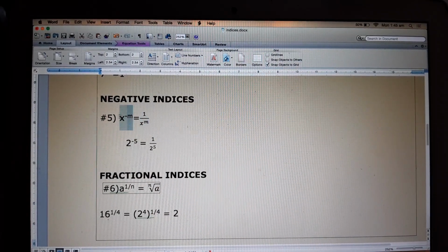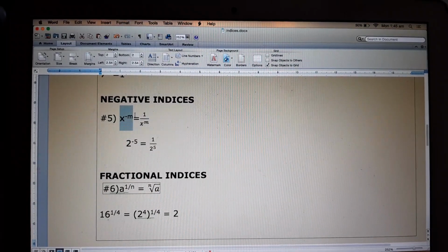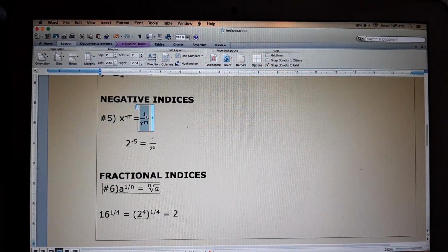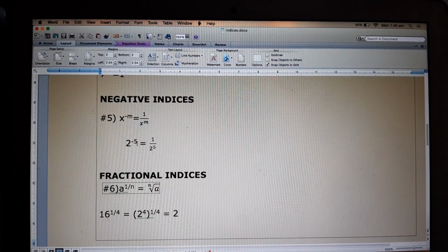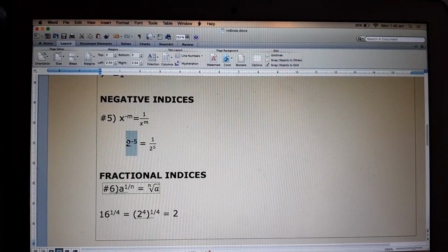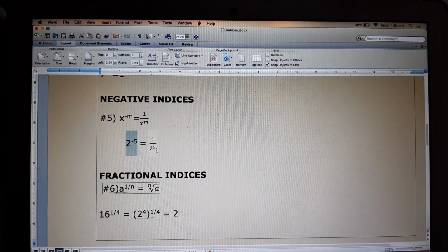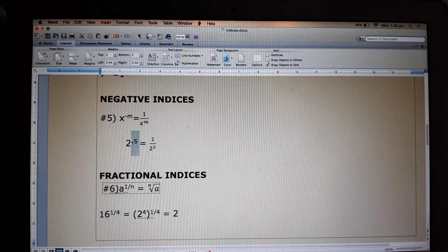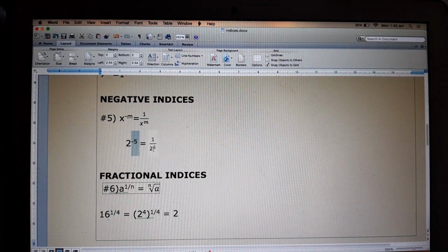Right now it is in the numerator, and when it goes in the denominator, you will be using 1 in the numerator. So let's take this example, 2 raised to the power minus 5. When it goes in the denominator, the sign of the power will change. It will become 2 raised to the power plus 5.